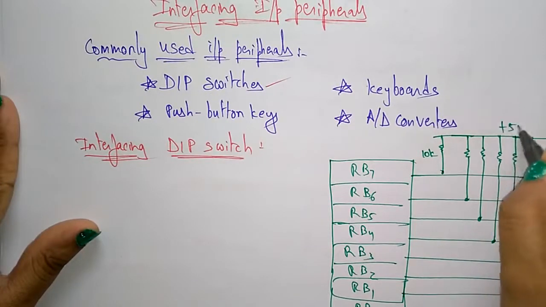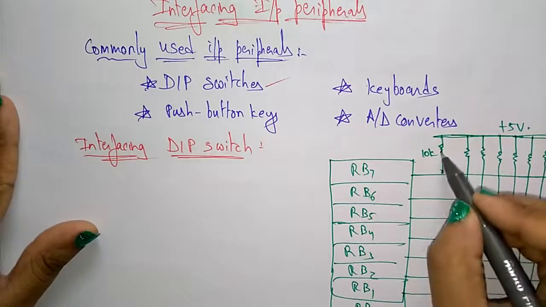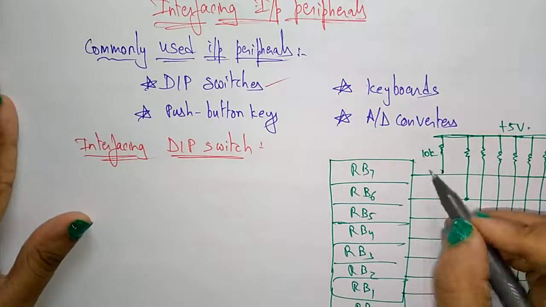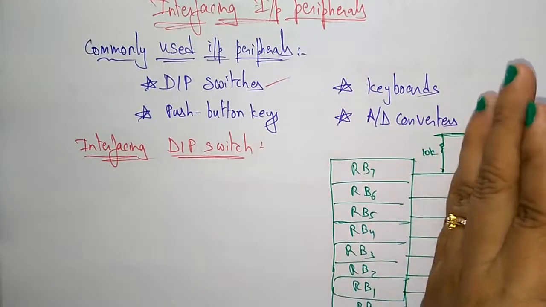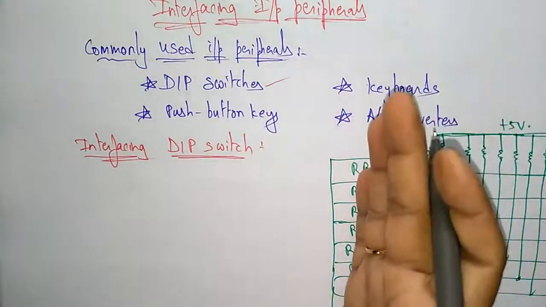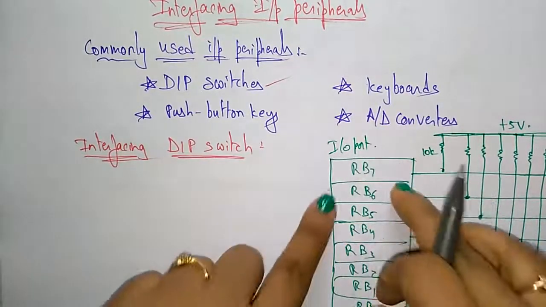This is the plus 5 volts. So this all will be connected to the plus 5 volts, and each resistor is a 10K. So this is a DIP switch, which is connected to the interfacing circuit of the input output port.